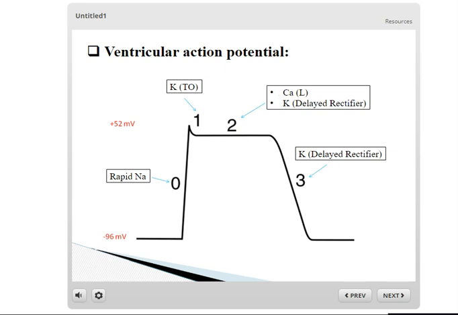These outward potassium currents along with the inactivation of calcium channels lead to the repolarization of the cell membrane back to the resting membrane potential.